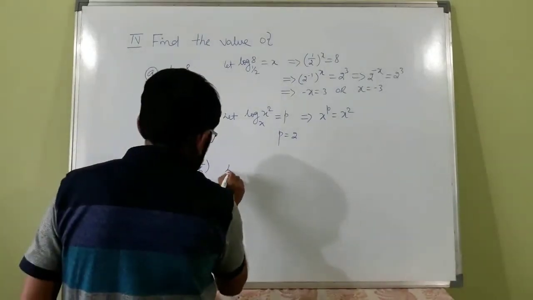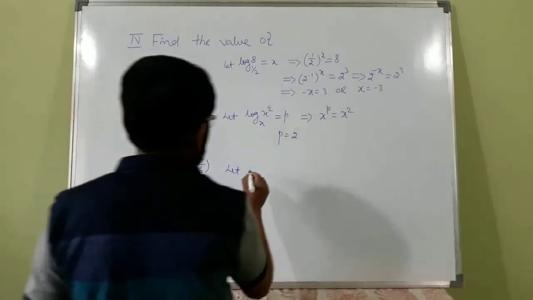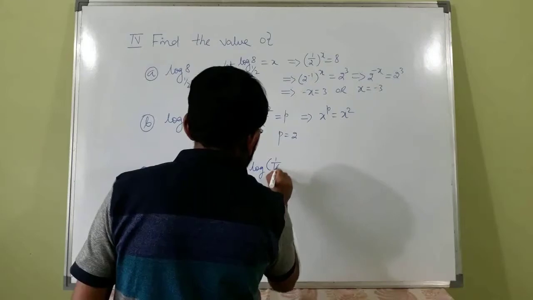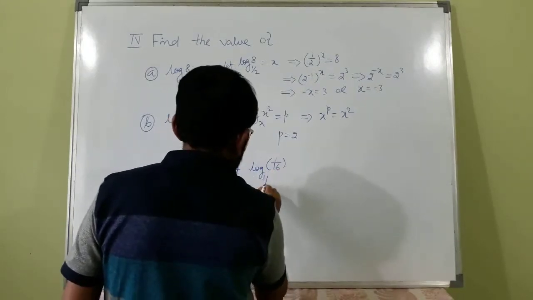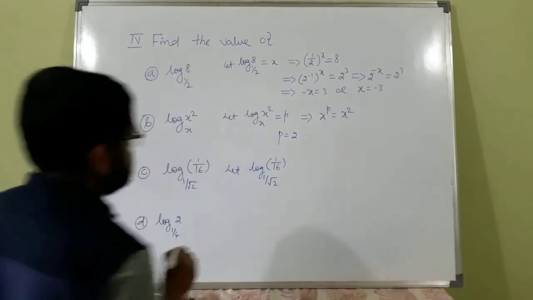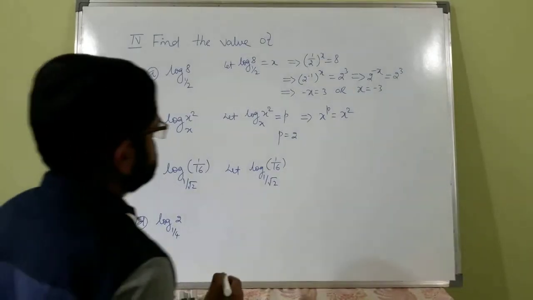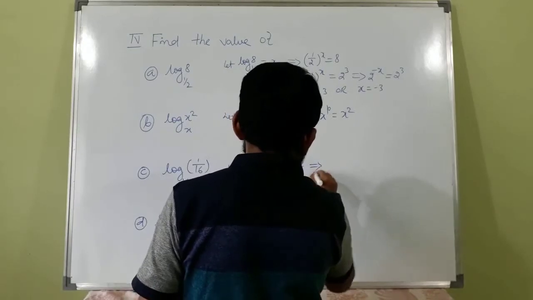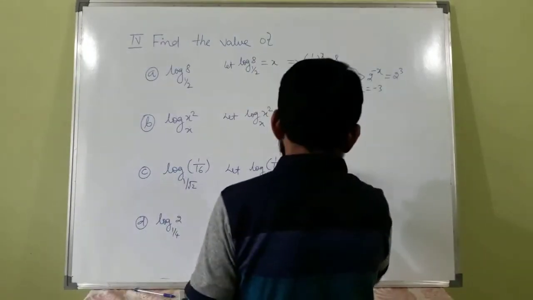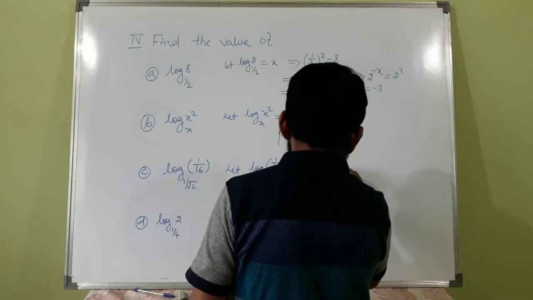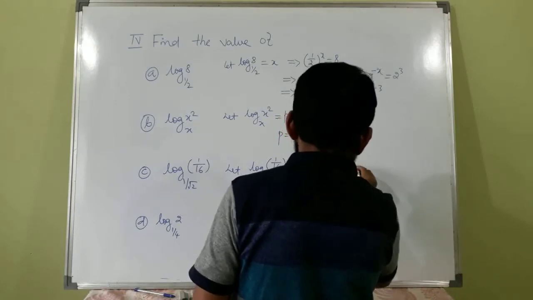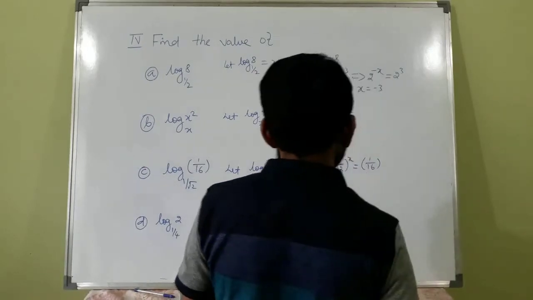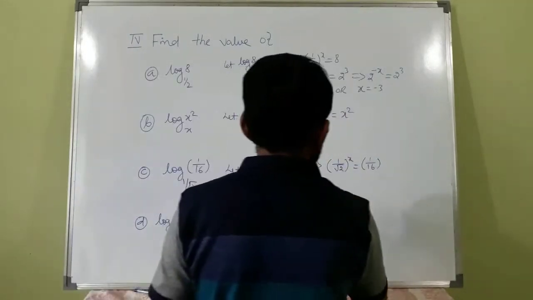Here, let log of 1 by 16 to the base 1 by root 2 be equal to x. So (1 by root 2) to the power x is equal to 1 by 16.